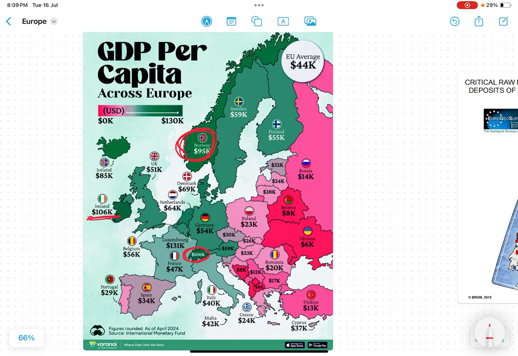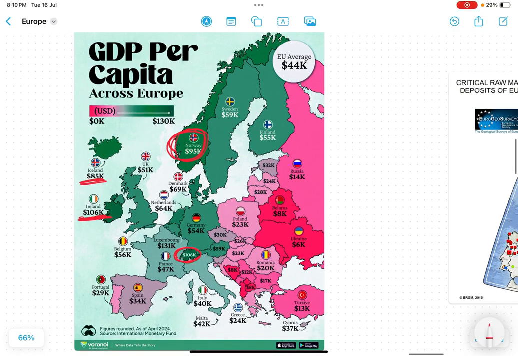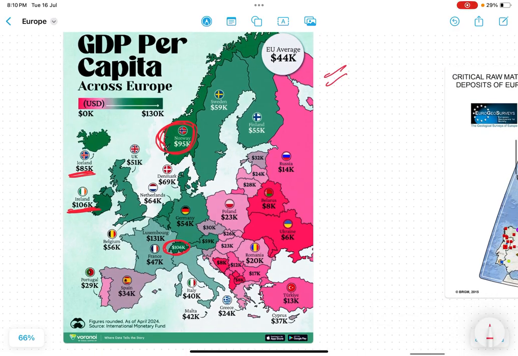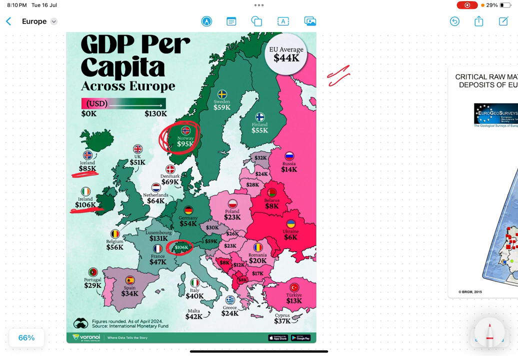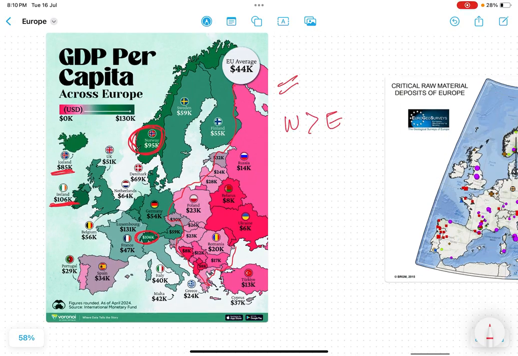Ireland also has quite high, Iceland also very high. The rest of the countries are somewhat equal to each other. You can see by yourself the GDP per capita map across Europe. The Eastern European countries don't do well. So Western Europe is richer than Eastern Europe.